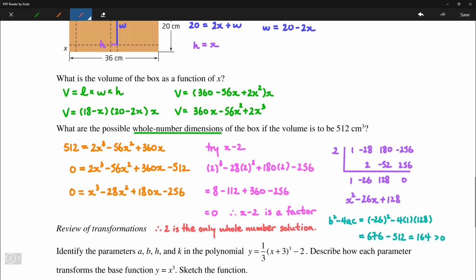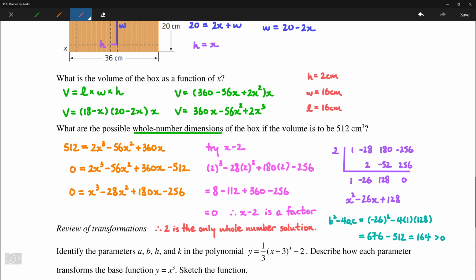Okay, and then we can go back. Then height, of course, is just 2, because h is equal to x. And then the width is 20 minus 2x, which means 20 minus 4, which is 16. And finally, the length was 18 minus x, which is also 16.